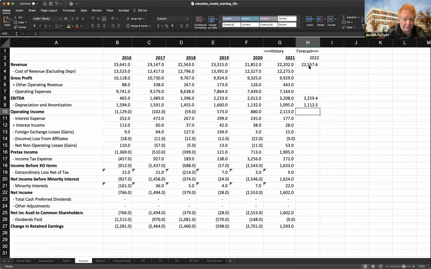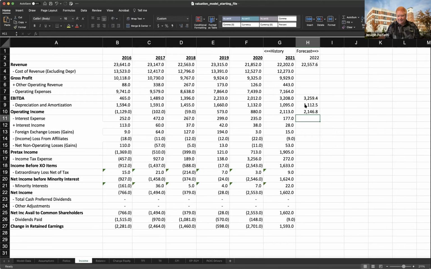Solve for operating income equals EBITDA H8 minus depreciation H9, 2146.8 million of operating income. In a very short period of time, we have forecasted Nokia's revenue, EBITDA, and operating income for 2022. And the number that you should have in your Excel file should be 2146.8 for operating income.